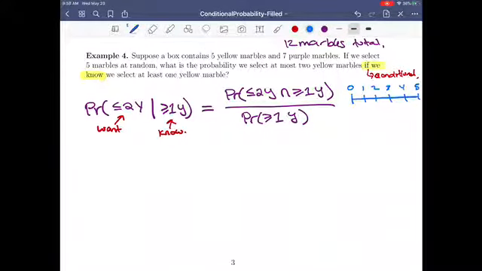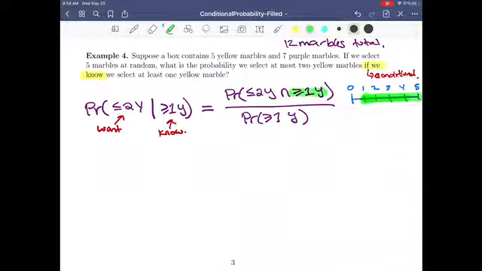So if I get at least 1 yellow, oh, maybe I don't want to... Okay, let's not do that. I'm going to do it on the top because I'm talking about the intersection. So if I get at least one yellow, it means that I got one yellow or more.